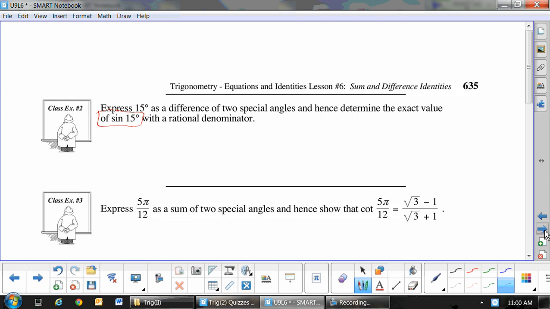Okay, sine 15. Two things you know that either add or subtract to that. Two things that add to it probably won't obviously be the answer, but we can do 45 minus 30. That does equal 15, and I know both of those. So we're going to do sine 45 minus 30.